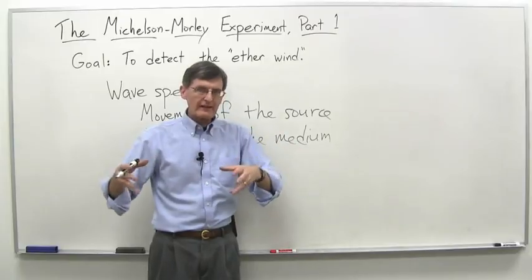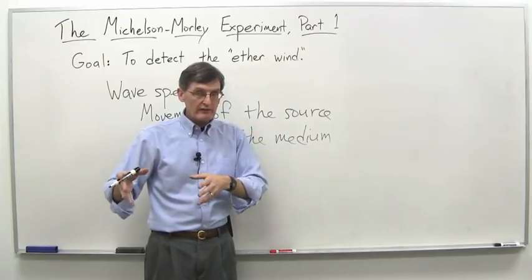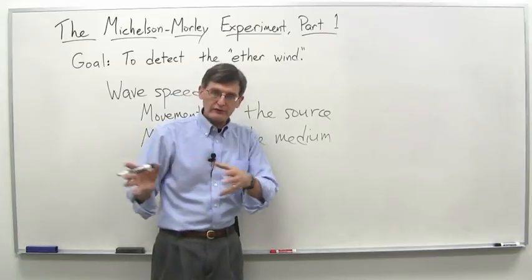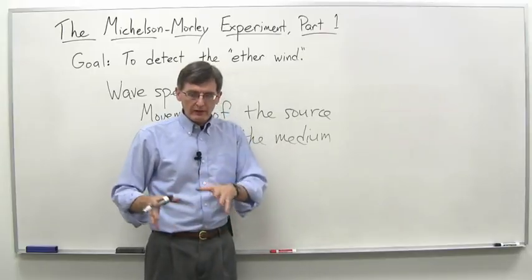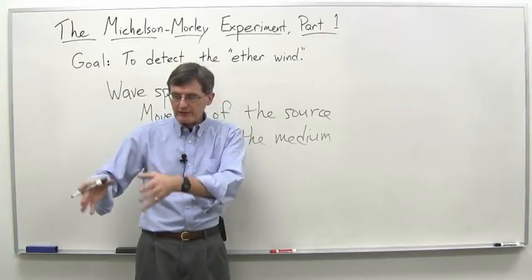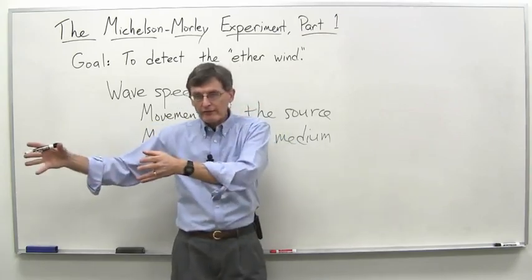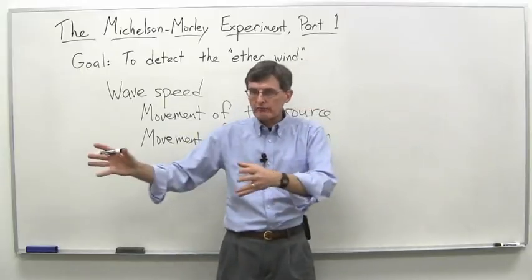If you then take the exact same wave and generate it in a moving water situation, such as a stream, a river, something like that, the speed of the wave will be the speed of the wave through the water, of course, through the medium, but then also you have the velocity of the medium adding to the velocity of the wave.